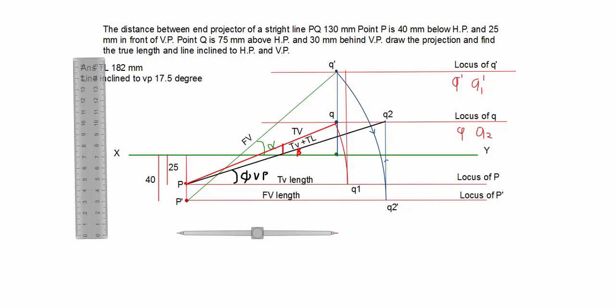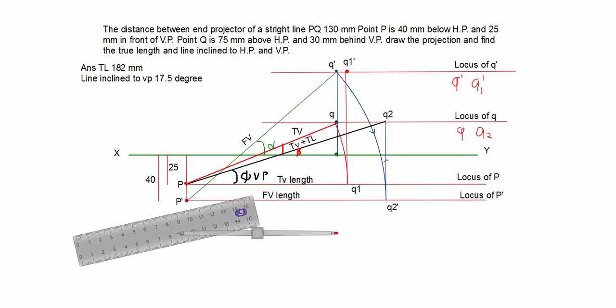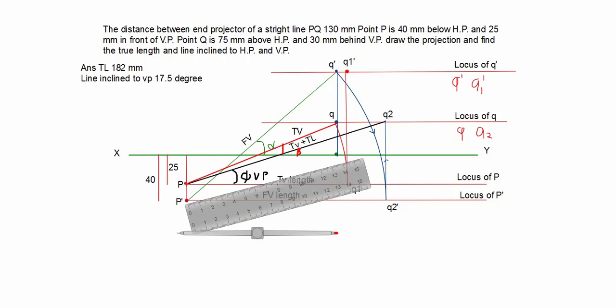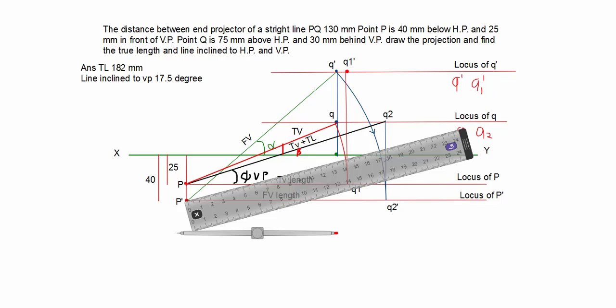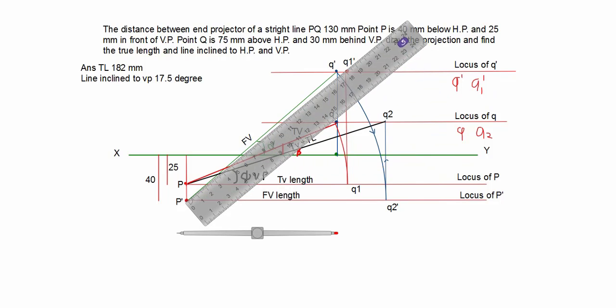So now you can join this Q1 dash with your P dash point. So I join P dash, Q1 dash with a straight line.